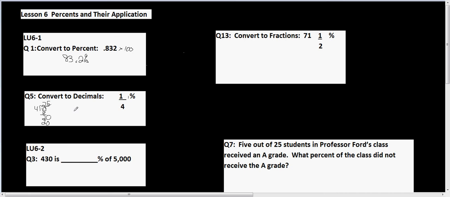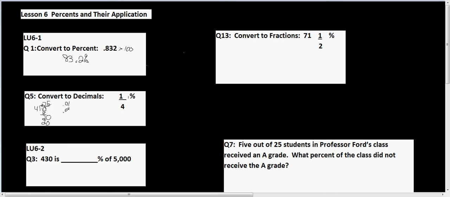Okay, so we know 1/4 is going to be 0.25 of something. I know it's point because we couldn't put it into 1. But it's 0.25 of 1%. 1%, remember, looks like this: 0.01. 1/4 of 1% means that we have something less than that.